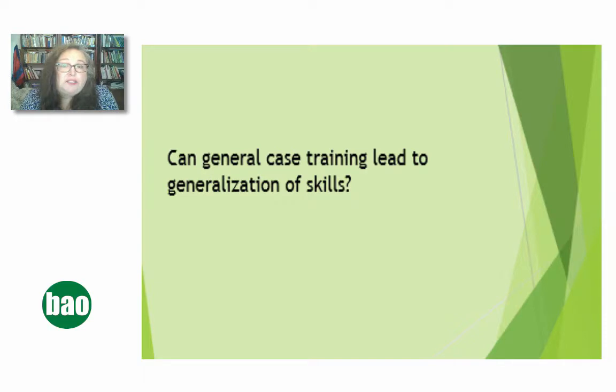Then we'll have an article by Ducharme and Williams in which a type of pyramidal training was used. And I think you will remember what pyramidal training is from an earlier module in this course. That's when individuals are trained and then they go on to train others. So that's certainly a big part of this article. But something that's very important as well is that they used what's called general case training, and that's essentially the idea that they used multiple examples, also known as multiple exemplars, when they were providing training.